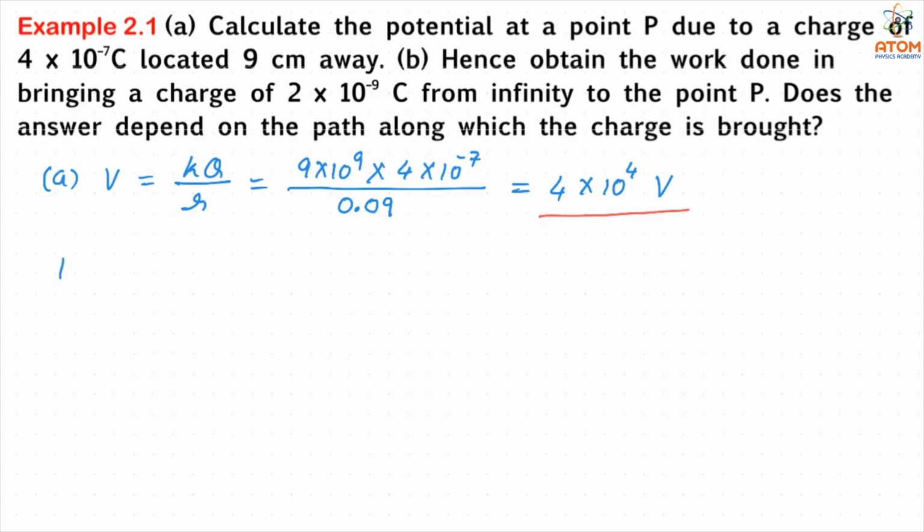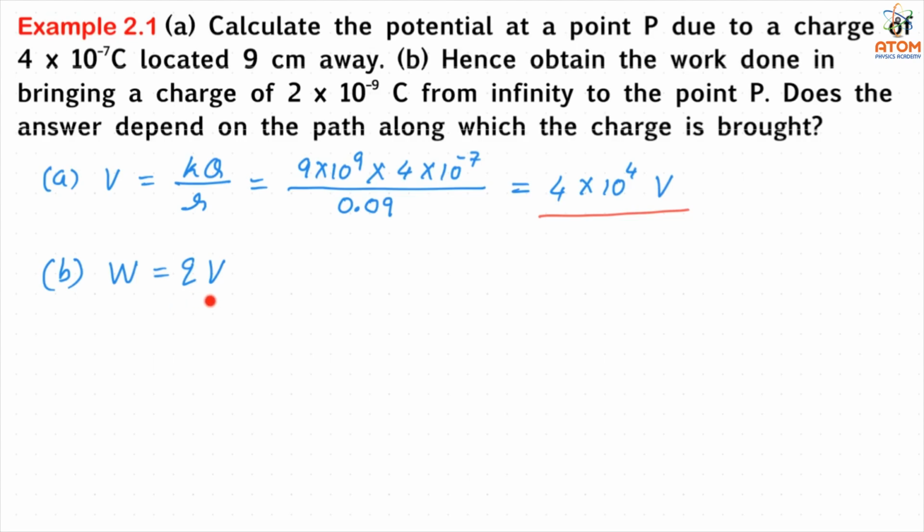Now for B, here we need to find out the work done on charge q while bringing it from infinity to point P. So we can write work W is equal to QV, because work done on bringing a unit positive charge from infinity to point P is potential V. For Q charge, obviously it becomes QV.